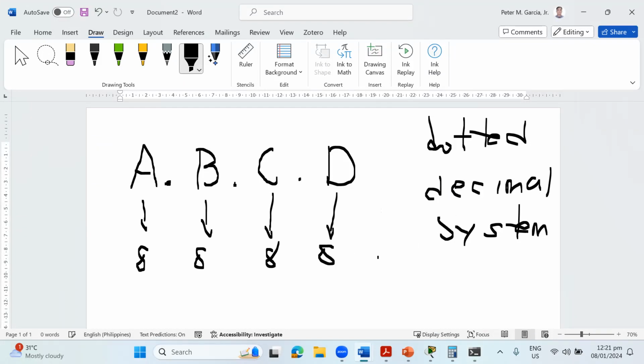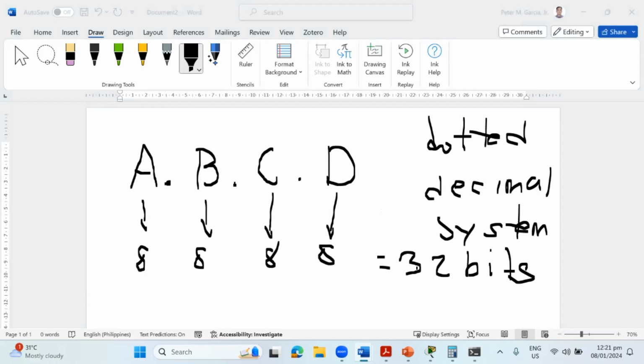So 8 times 4, this is equivalent to 32 bits. 32 bits, that is 32 binary digits, binary digits of 0 and 1. Kaya ang tawag sa bawat portion na to, ang tawag dyan ay octet. Octet meaning 8.